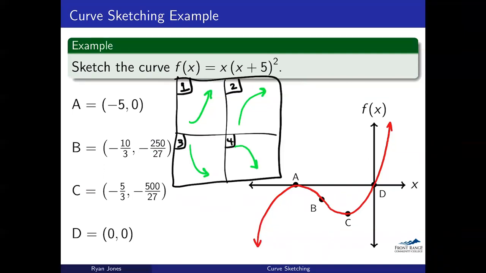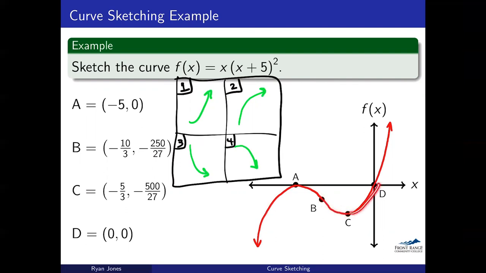And all I'm going to do here is I'm just going to point out this curve right here. That right there is number 2. That's me increasing and concave down. This part right here, that's going to be number 4. That's going to be decreasing and concave down. Here, that's going to be number 3. That's going to be decreasing and concave up.